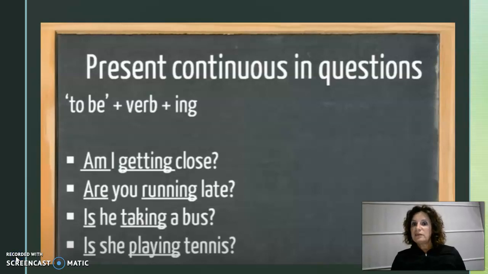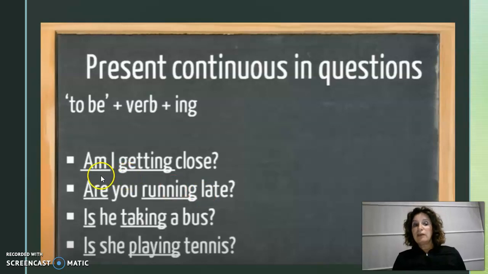Can you see? We have double T here and double N here. Present continuous in questions. When dealing with questions, we have to remember a word, inversion. Why? Because we have to put the verb in front of the subject. In the positive sentence, I have, I am getting close. You are running late.